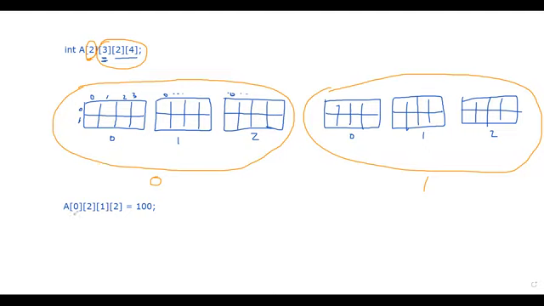So look at this one, 0, 2, 1, 2. This is 1, right? This is 0, 1. And 2, 0, 1, 2. So this space is this one. So I should put 100 here. Is it okay?